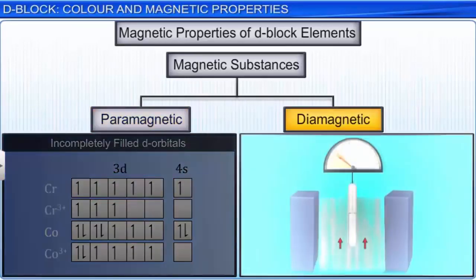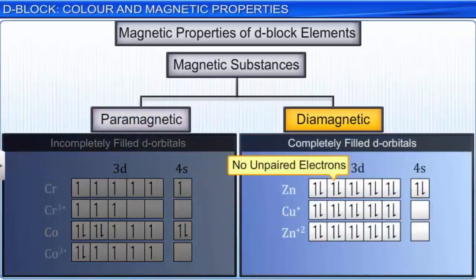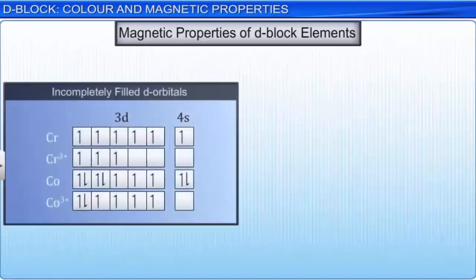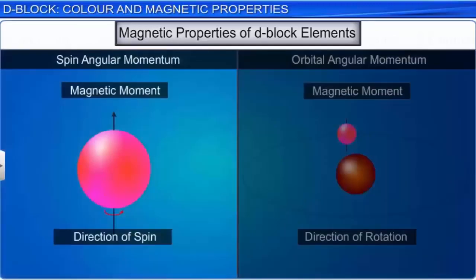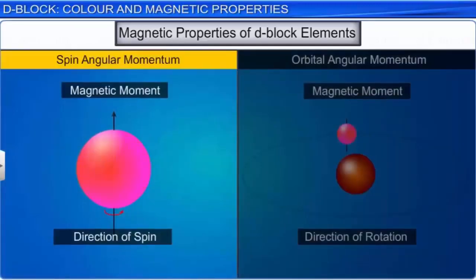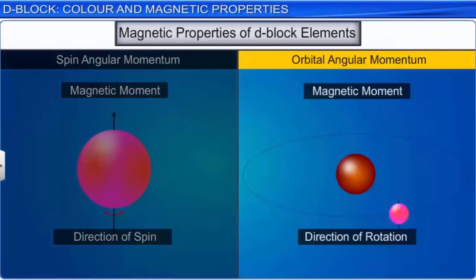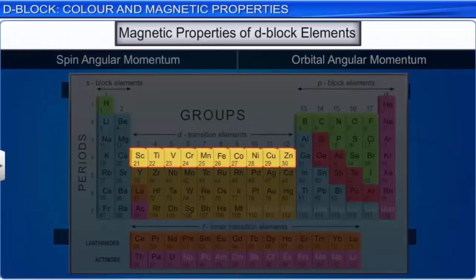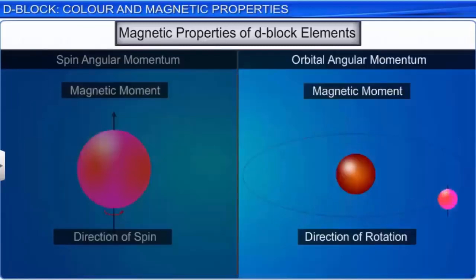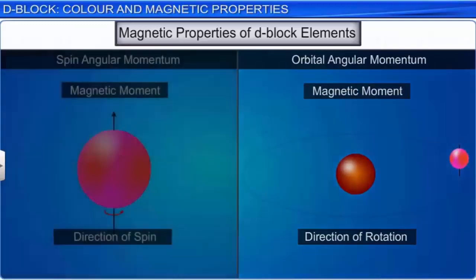Every unpaired electron is regarded as a micromagnet with a certain value of magnetic moment. The magnetic moment of the electron is due to spin angular momentum. However, for 3d series of elements, the orbital angular momentum of the electrons is small, and hence its contribution in these elements can be ignored. Therefore, the magnetic moment for these elements is determined by the spin-only formula.